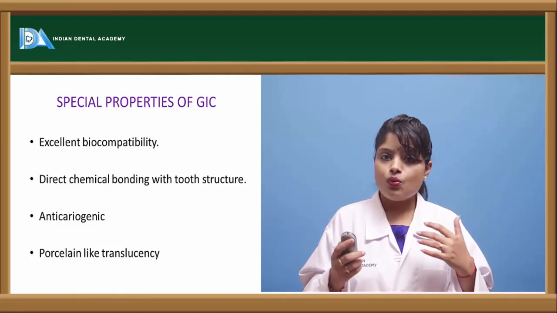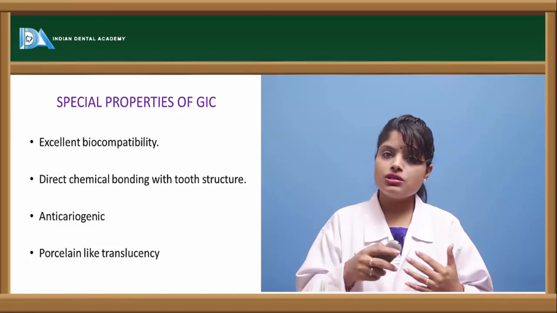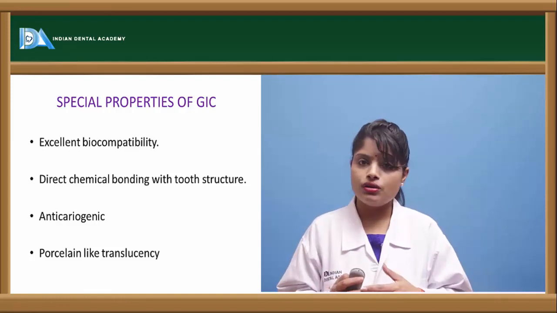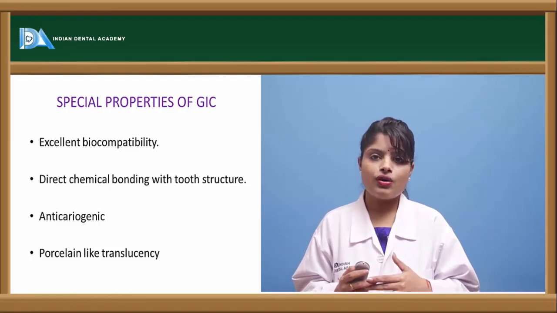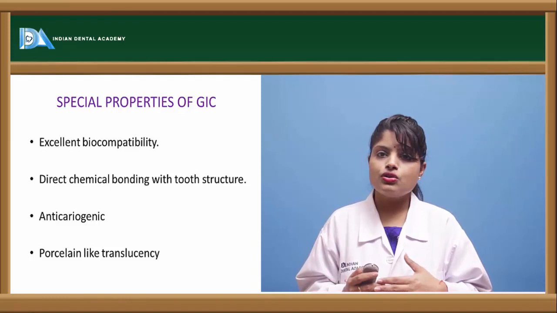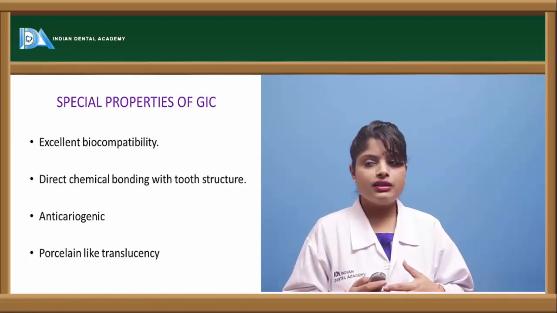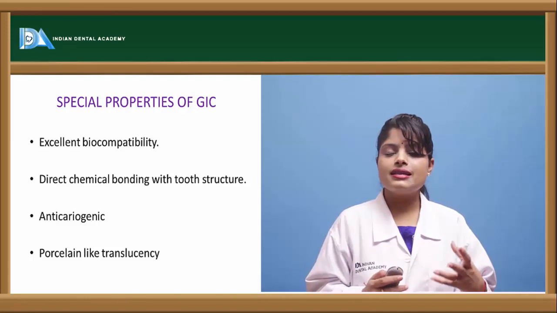Thus, it prevents demineralization and promotes remineralization of the tooth surface. As we've already discussed the role of fluoride in anti-cariogenicity in the preventive dentistry chapter, we will not go into further detail. So it has an excellent fluoride releasing property.